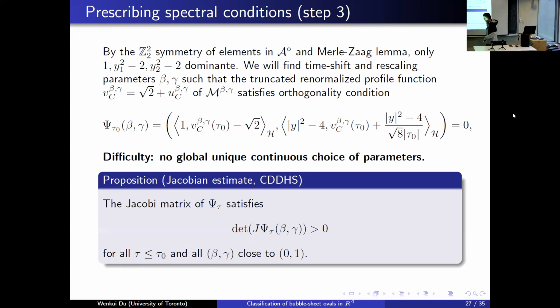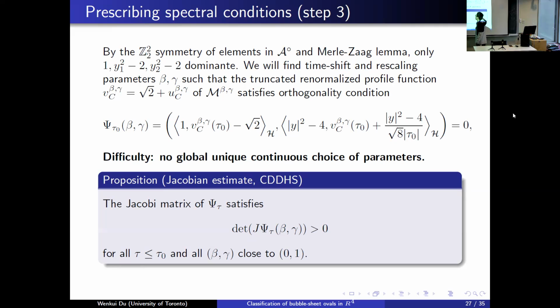But later we need to establish coordinates for the moduli problem, and the coordinates have to be continuous, because we require continuity to prove surjectivity. One of the difficulties is that this doesn't have global continuity.